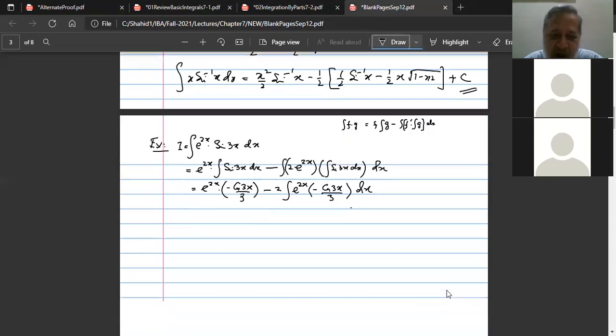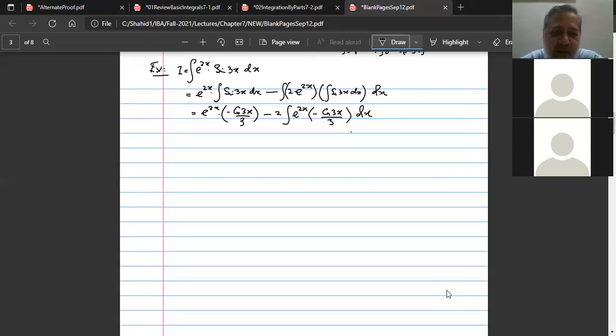So what stage I am of solving this integral? Minus 1 by 3 e raised to power 2x cos 3x minus minus plus 2 by 3 integral e power 2x cos 3x dx.